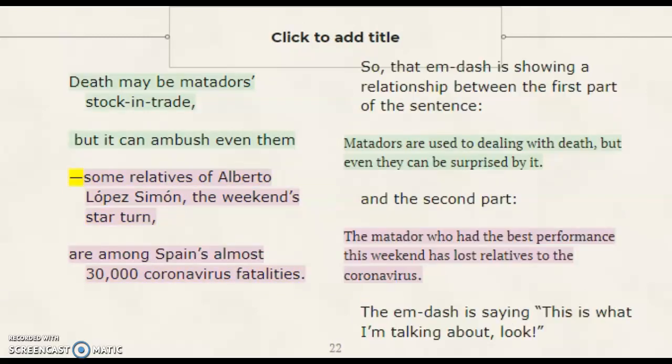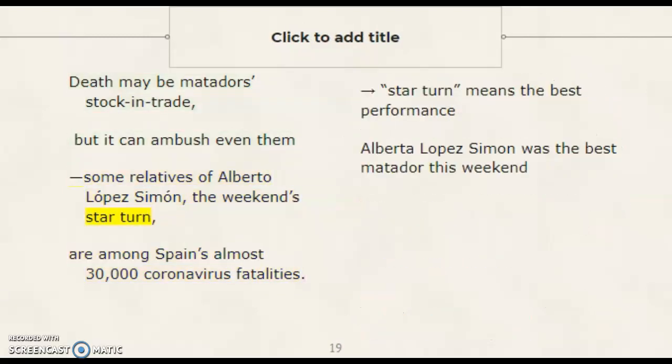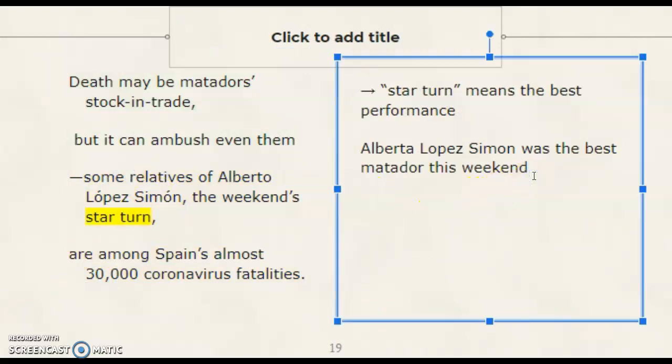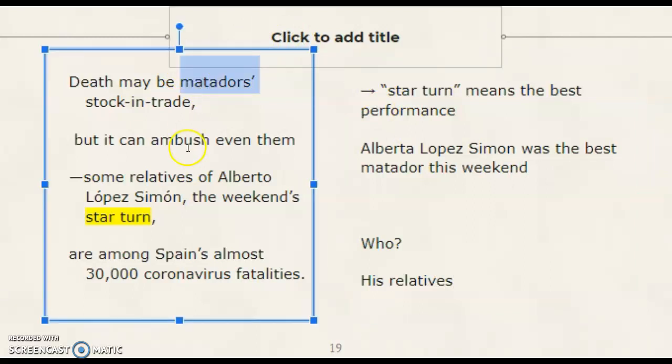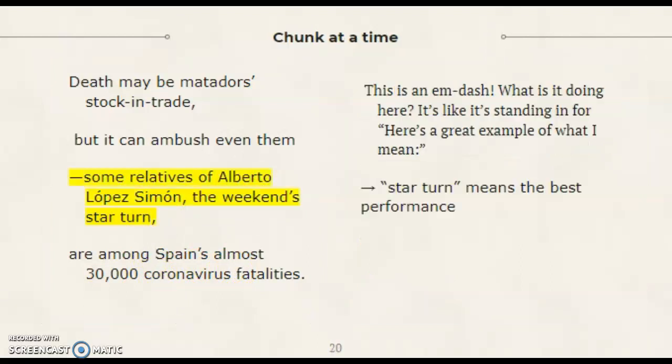Oh shoot, I got those out of order. And who are we talking about? We're talking about his relatives. So death may be something that matadors are used to, but even matadors can be surprised by death. Some relatives of the best matador of this weekend are among Spain's almost 30,000 coronavirus fatalities.